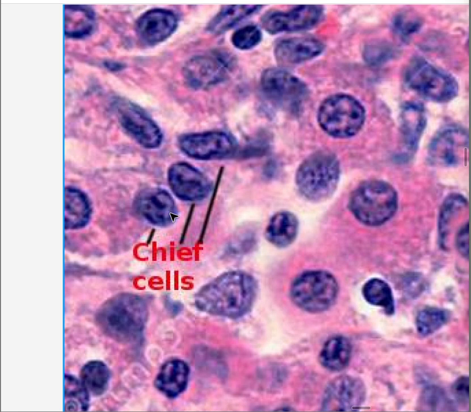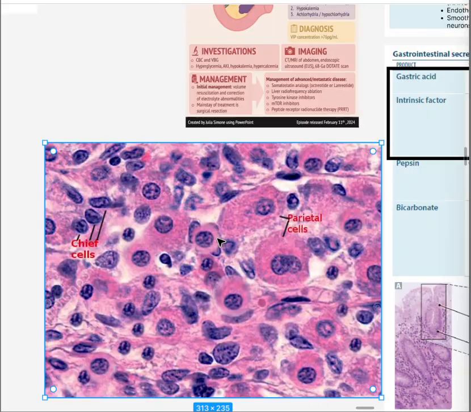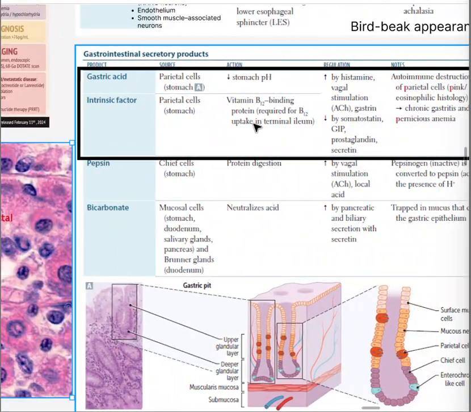So when the parietal cells secrete their gastric acid, the hydrochloric acid, that converts this pepsinogen into pepsin, and they also secrete gastric lipase, but that's a minor role. They're blue because of the rough endoplasmic reticulum. So that's a little bit of histology about the chief cells and the parietal cells.